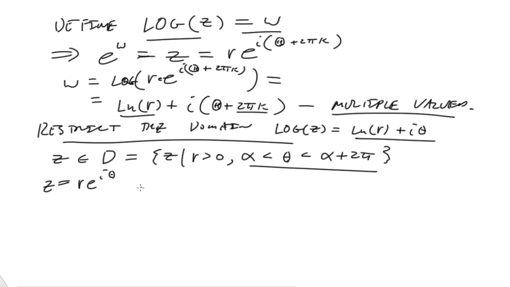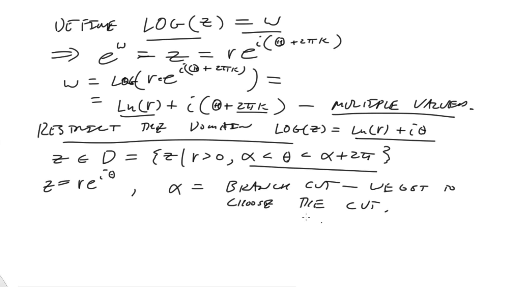We call alpha the branch cut, and we get to choose it. We can choose it to be anywhere we like. The standard is to pick alpha equal to negative pi, in which case we're only going to consider a domain of z of the form negative pi less than theta less than pi.